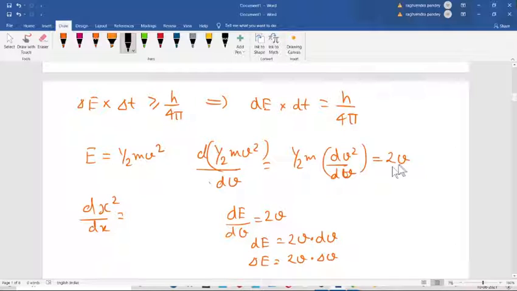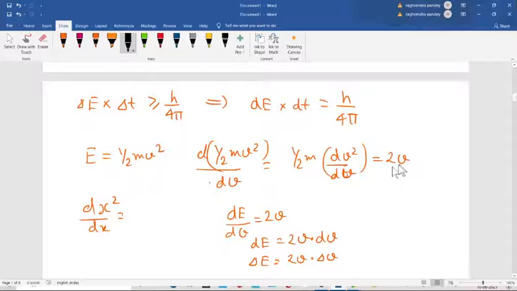So we have to do the differential if we have a physical quantity which is given and the error is required. But there is no such equation that we can solve directly, so that is why we need that. That is the problem.